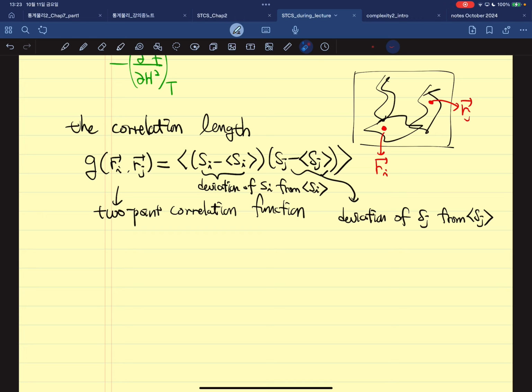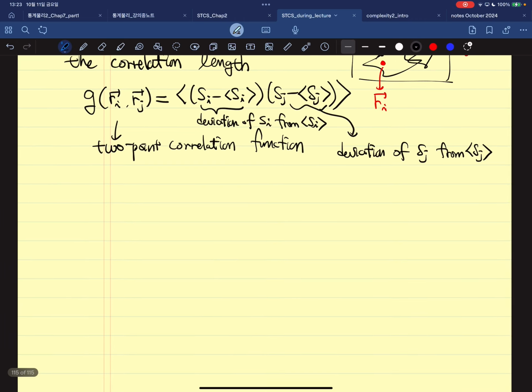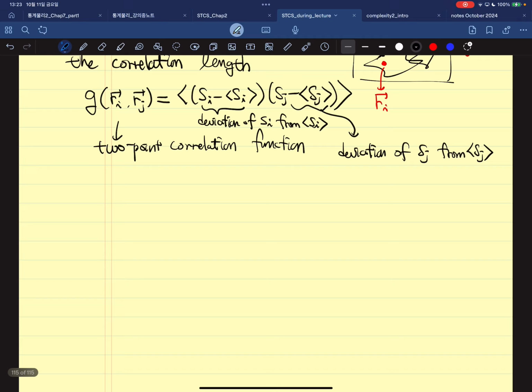So for example, I will denote this Si as a red color and Sj as a blue color. Then suppose we have this average value of Si here, and Si can be here or anywhere.